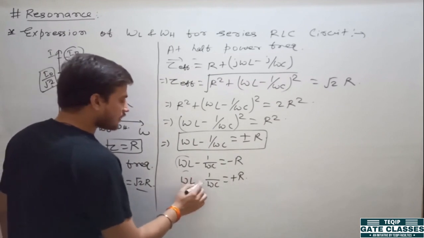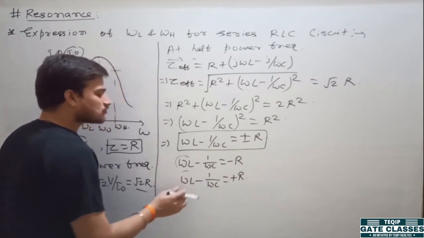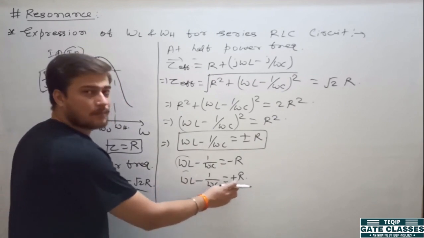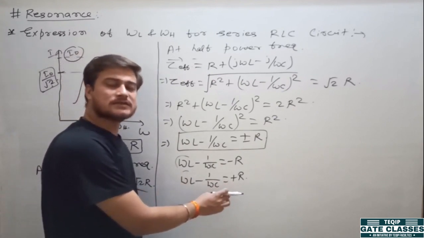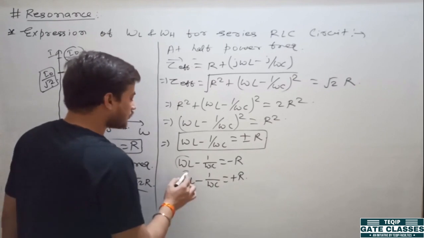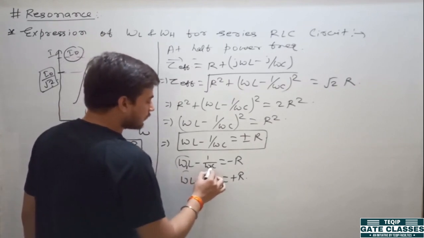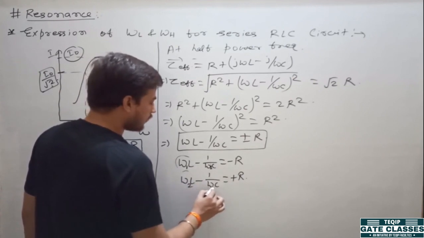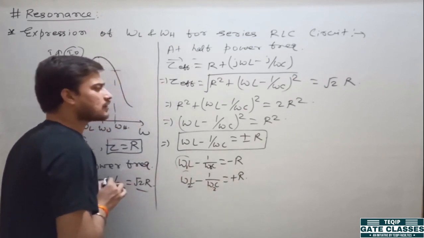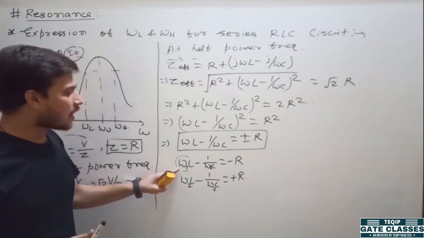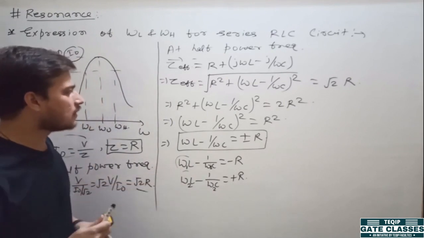Now second expression is omega L minus 1 by omega C. If omega is higher, then this value will be positive, so here it will be plus R. Clear? We can also replace by omega 1 or omega 2. Omega 1 is lower cutoff frequency, omega 2 is higher cutoff frequency.